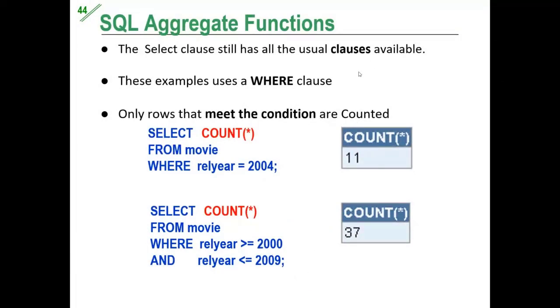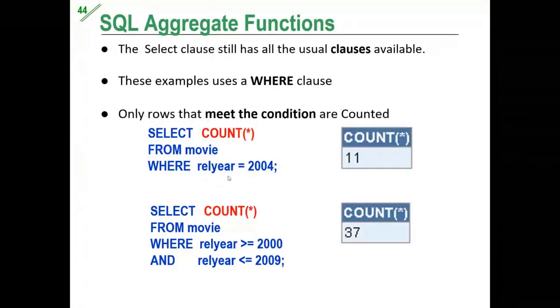So that is the count function, and then we can actually play with these aggregate functions by adding clauses like the where clause, right? The where clause restricts the rows that we need to focus on. That is the restriction. Here I am counting the number of rows in my movie table, but I want only the movies released in the year 2004.